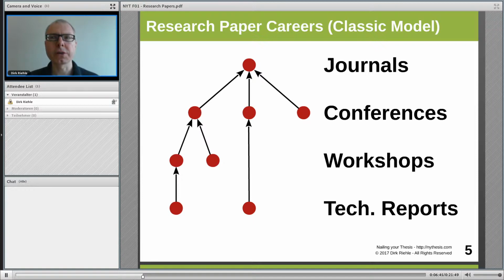In computer science it's different because conferences and journals are competing for being recognized as the highest quality level of a possible publication. And also in computer science, journals and conferences would try to be at the same level.